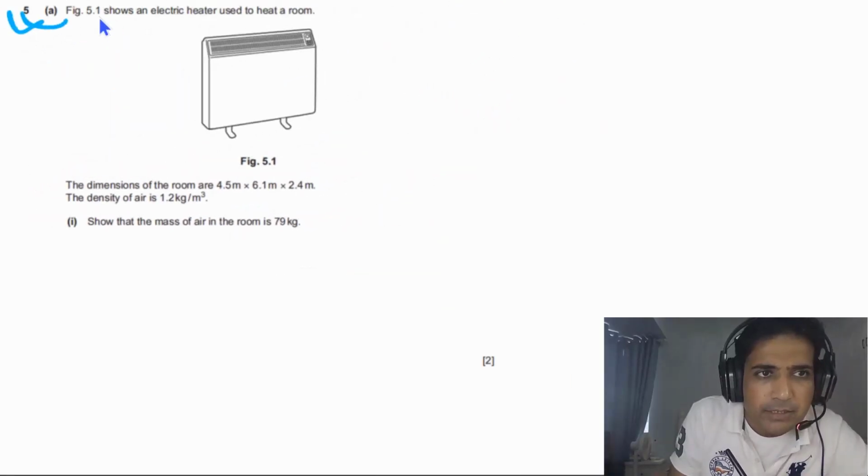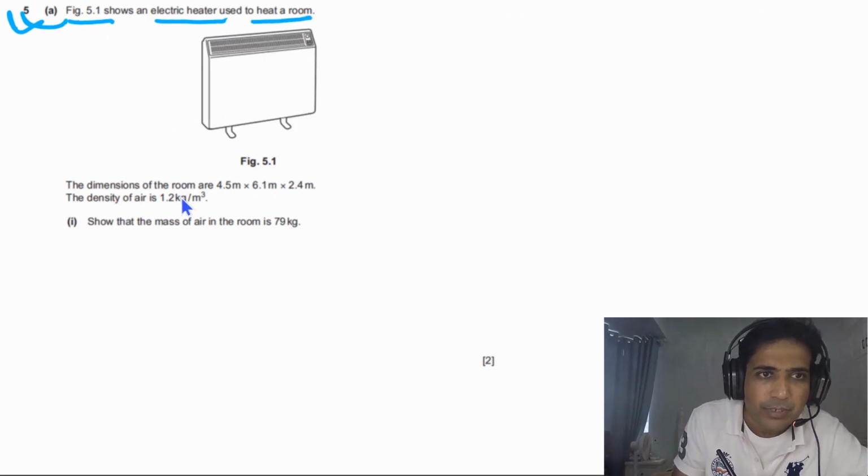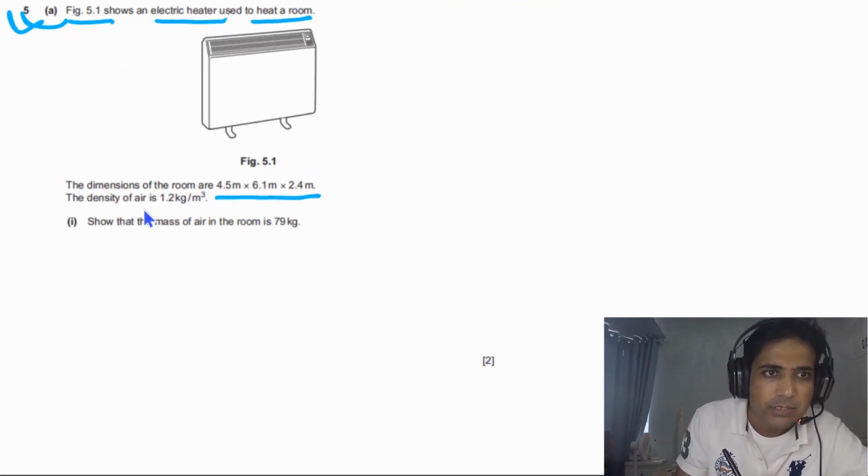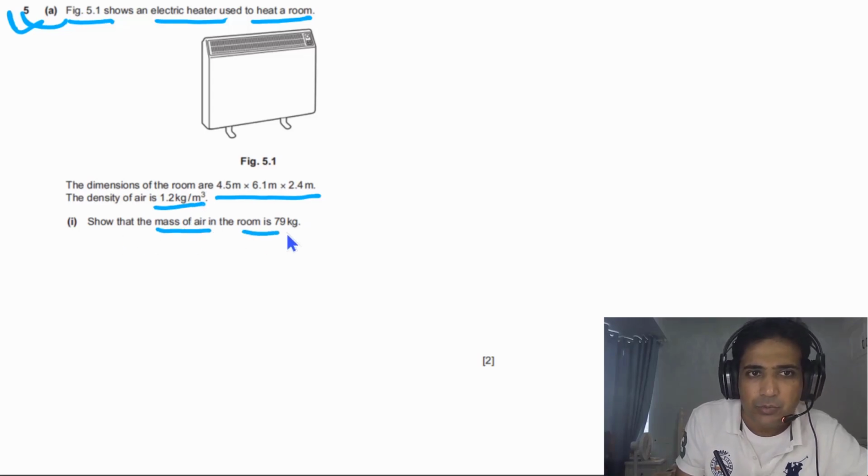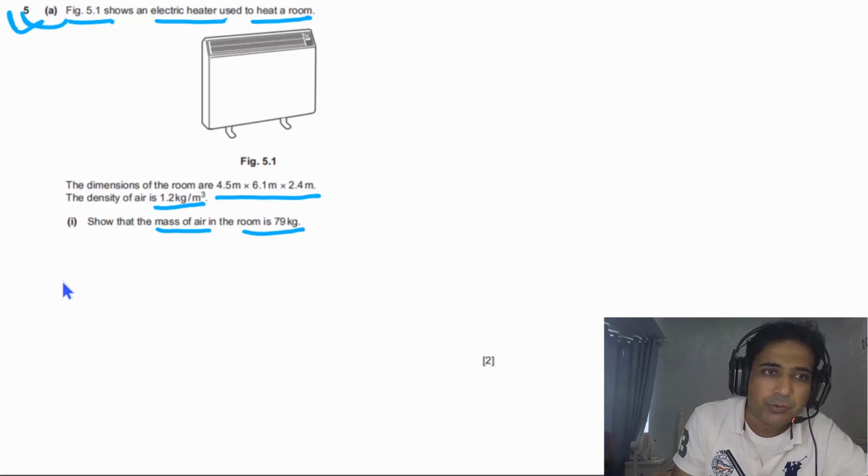Question 5, part A says figure 5.1 shows an electric heater used to heat a room. The dimensions of the room are given to us and the density of air is also given. We need to show that the mass of air in the room is 79 kg. So we need to calculate mass, and mass is equal to density times volume.